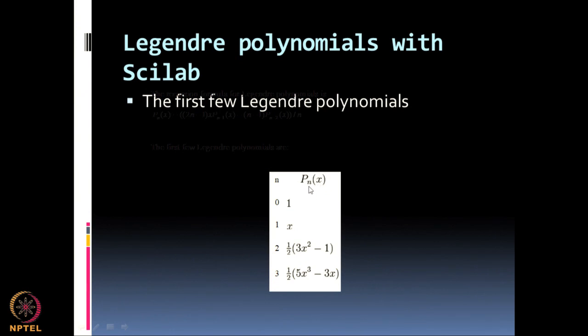So, I have first P_0(x) is a constant function, P_1(x) is just x, P_2(x) is half of 3x squared minus 1, P_3(x) is 1 by 2 into 5x cubed minus 3x. These are nothing but your shapes of orbitals. This is your p orbital, this is your d orbital, this is your f orbital.